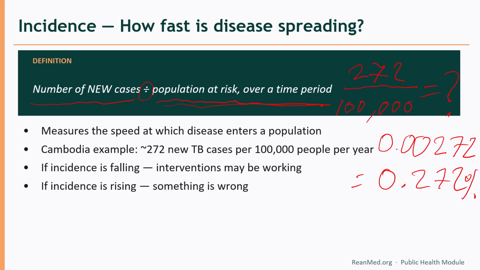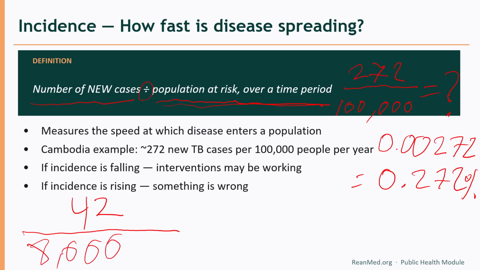And so in this village, we had 42 new cases of tuberculosis. And the population of this village, let's say, was 8,000 people. I'll write that a little better.